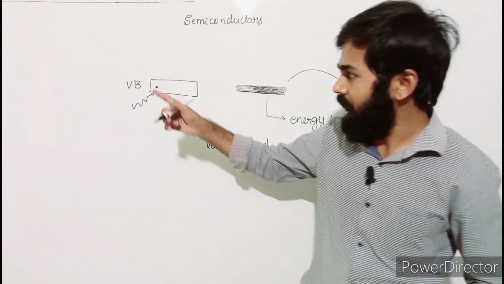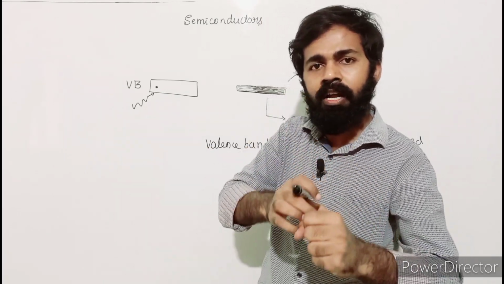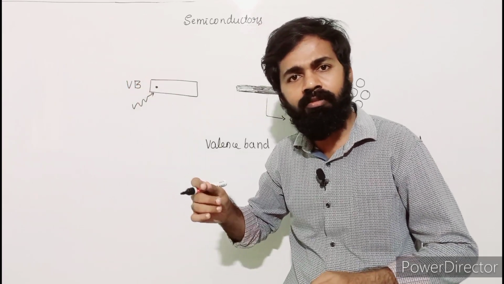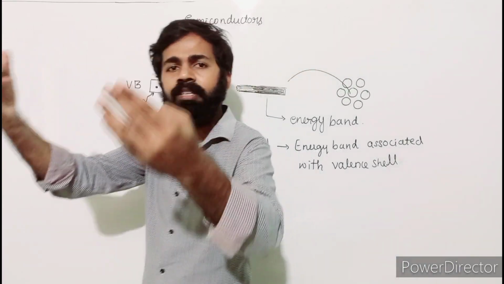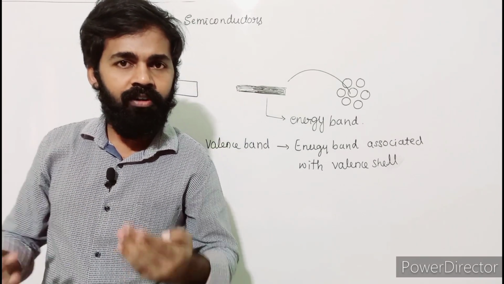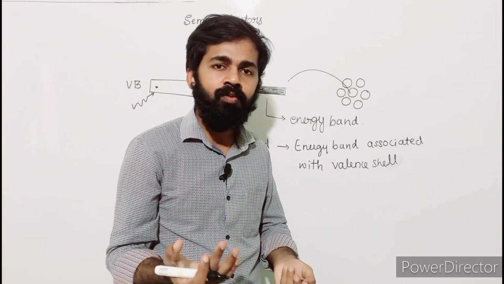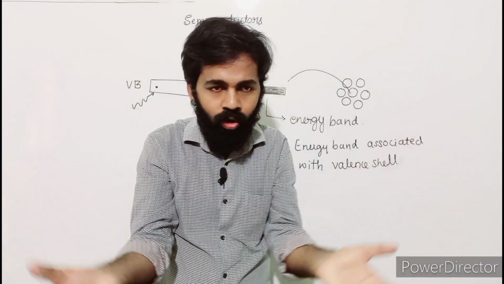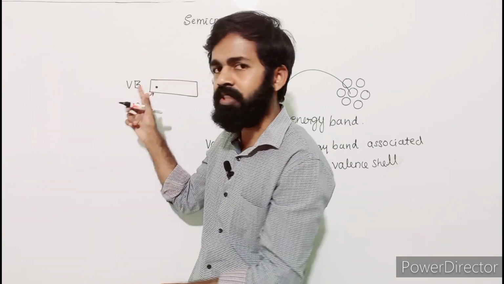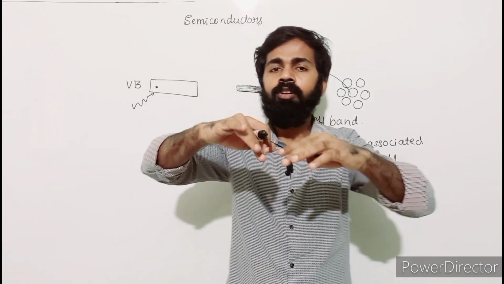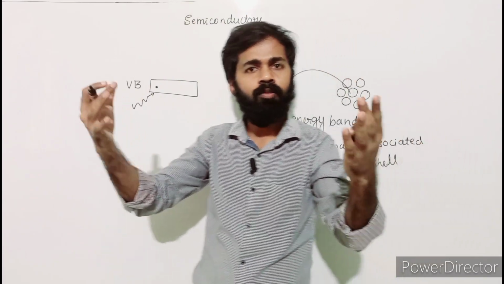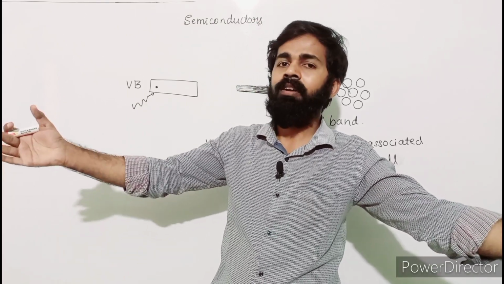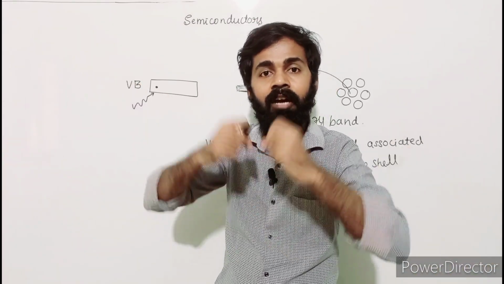As the nucleus was attracting it, now with sufficient energy this electron will just come out of the atomic system, into the empty space. The electrons in the valence band are the outermost electrons, and there is no other shell outside, so they become free.